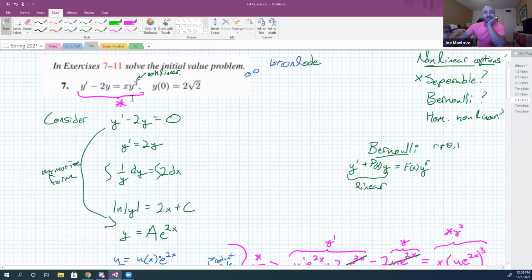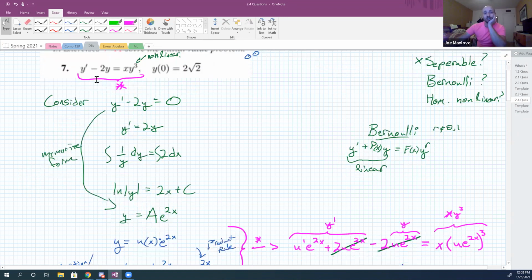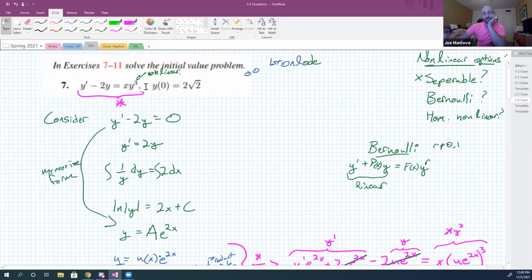Well, in that case, I would want to check and see if the 0 vector or the 0 function satisfies this equation. Does the 0 function solve this? Yes, it does. So the constant 0 function is a solution to this thing.